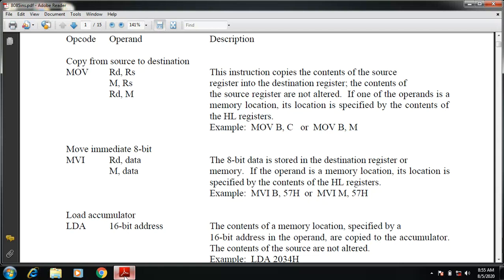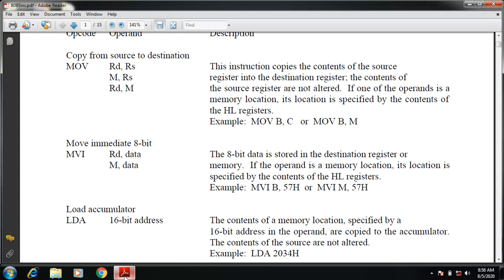The first instruction is MVI RD comma data, RD for destination register, and any 8-bit data can be moved to the specified register. Similarly MVI M comma data, that is data to be transferred to a memory location.